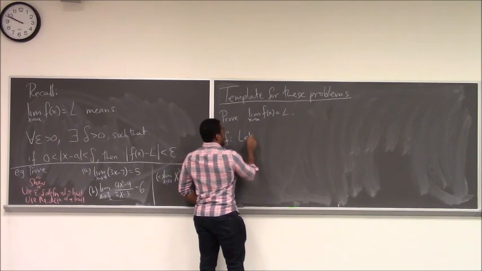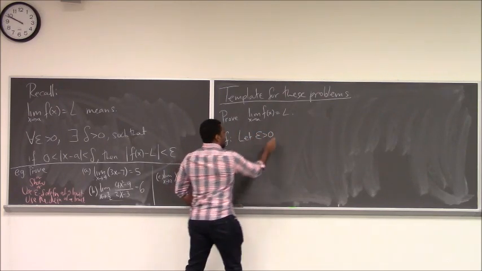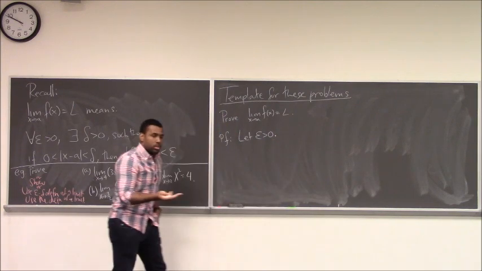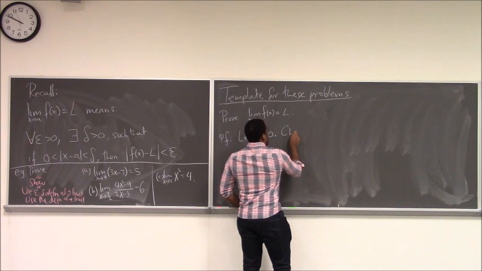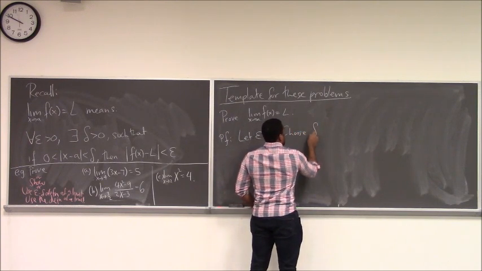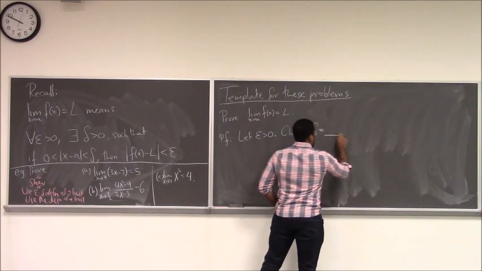You would say let epsilon be greater than 0. Some people like to say let epsilon greater than 0 be given, but it doesn't matter. You can just say let epsilon be greater than 0. Choose delta equals, and this is something you have to fill in.